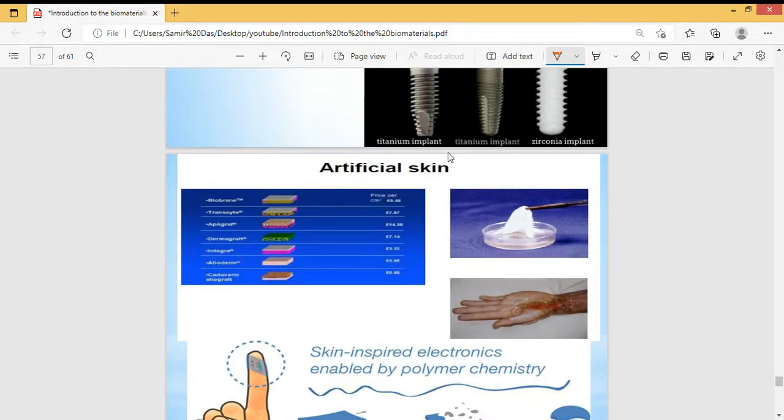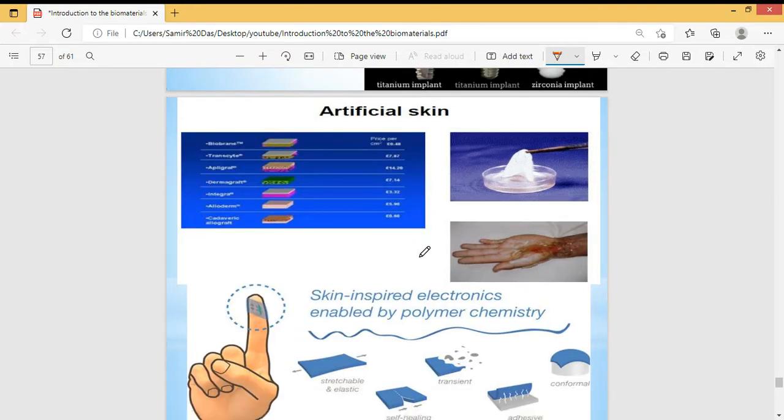And now comes to the artificial skin. In case of artificial skin, when we are going for skin grafting, basically for a burn wound or some accidental damage, you have to think about how much burn or wound has taken place.